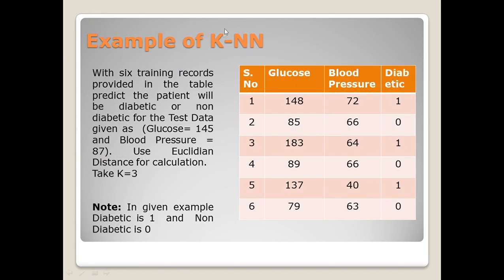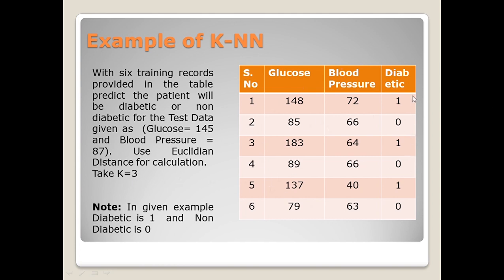Let us see a numerical example of the k-nearest neighbor algorithm. In this example, we are taking 6 training records, and for the new record we have to identify whether the person is diabetic or non-diabetic for the test record, where the value of glucose is 145 and the value of blood pressure is 87. The distance measure we have to use is Euclidean distance, and the value of k is given as 3.